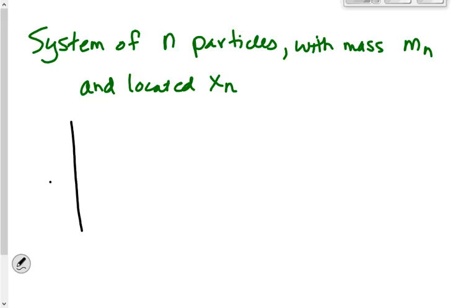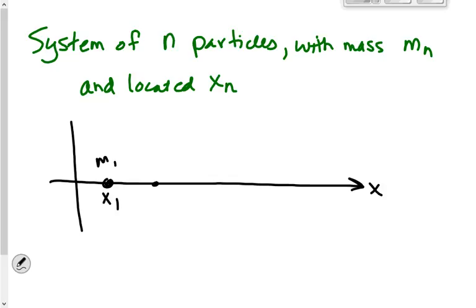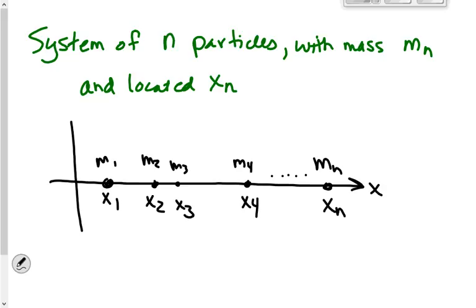So I'm still going to draw my axes, but I'm going to let M1 be here at X1, and here's going to be M2 at X2, and here's going to be M3 at X3, and here's going to be M4 at X4, and so on, and out here somewhere is going to be my last particle, Mn, at Xn.